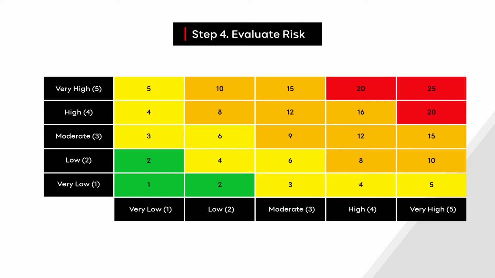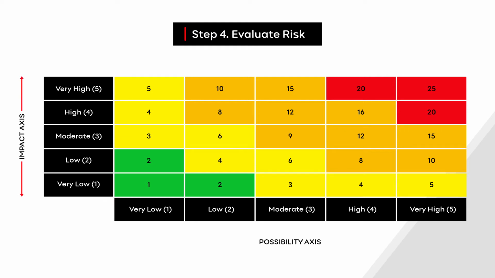And as you can see from this pretty, colorful diagram that looks like a traffic light, you've got two axes. One is an impact axis and one is a possibility axis. On the impact axis, you have very low to very high, 1 to 5.